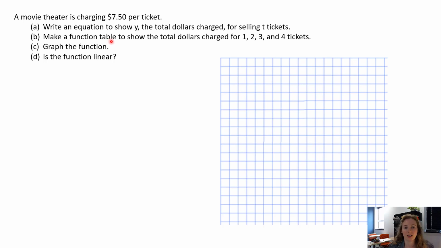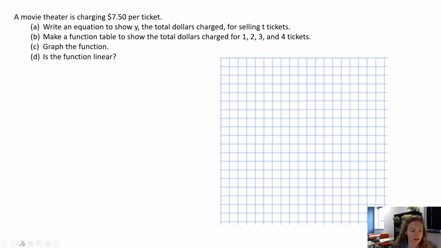So we're going to make a function table to show the total dollars charged for selling 1, 2, 3, and 4 tickets. In part C, we're going to graph the function. And then in part D, we're going to say whether the function is linear or not. So grab a piece of paper and a pencil, maybe graph paper if you have it, and let's get started.